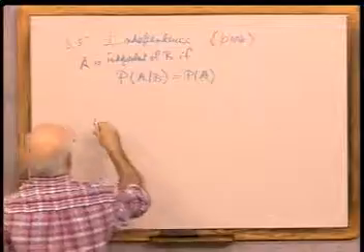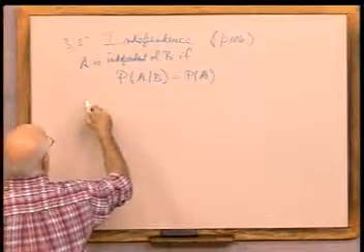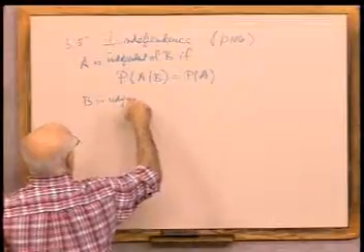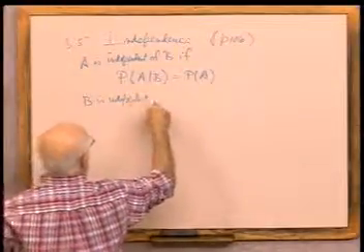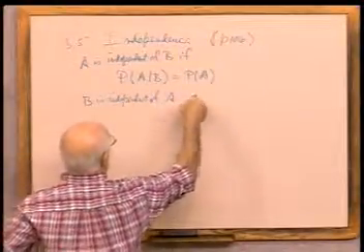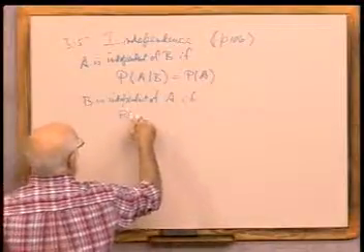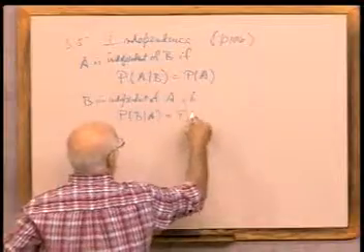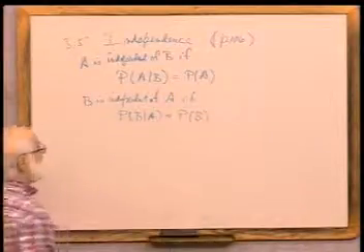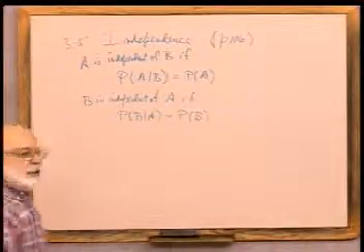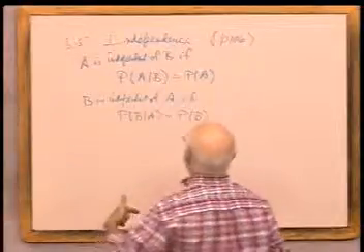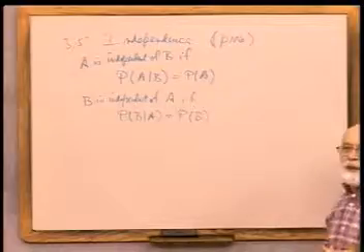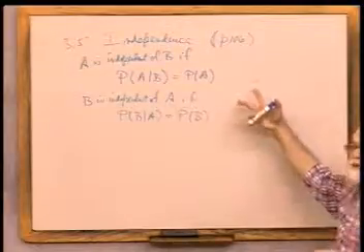Now, also, you could say that B is independent of A if the probability of B given A is equal to the probability of B. Exactly the same argument. It also makes sense in terms of the meanings of the words that if A is independent of B, then B should be independent of A. In other words, these should be equivalent.